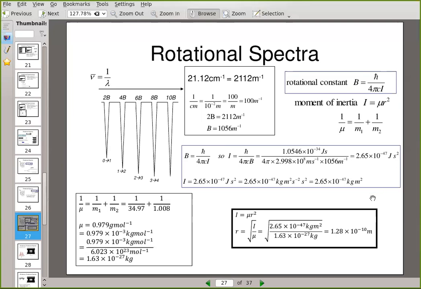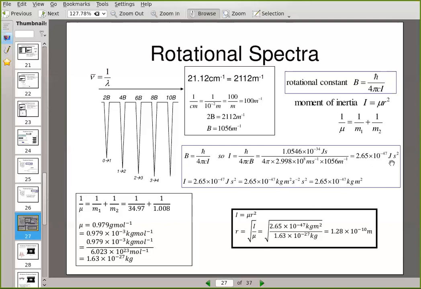So that is the moment of inertia. We can convert, and that is the same. This is the same number here; I'm just trying to show in this line that it is the same.